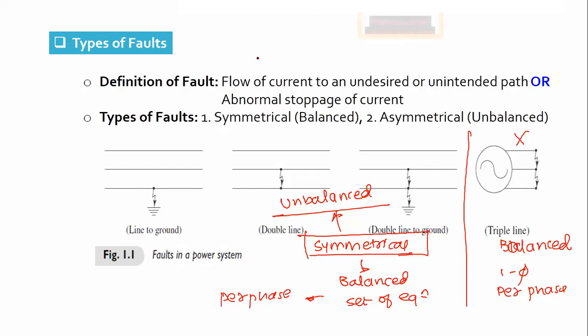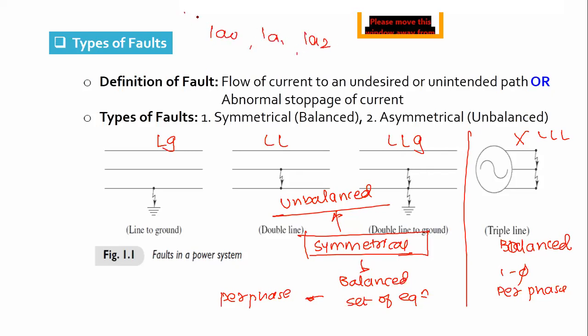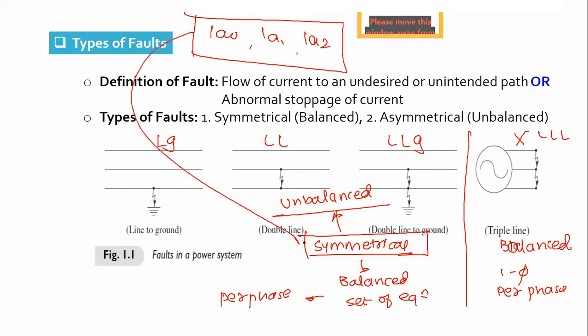Fine. So this is the basic difference between a symmetrical fault and an unsymmetrical fault. Let me tell you one thing: whatever we say, let's say positive, negative, zero sequence components, these components are actually the product of this mathematical analysis. In an actual power system, no such components exist.